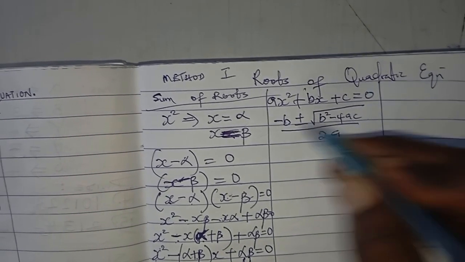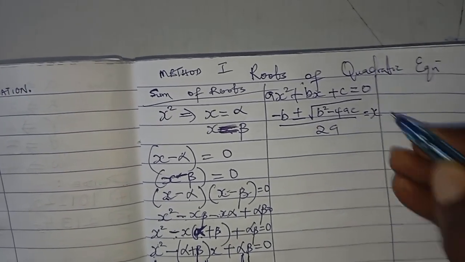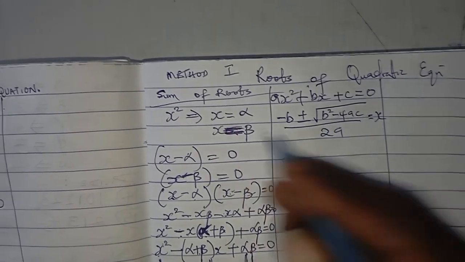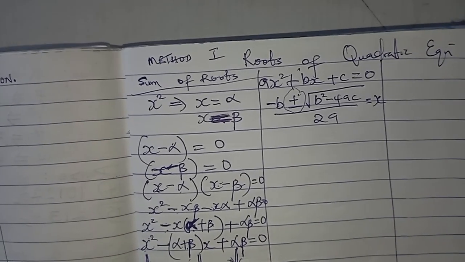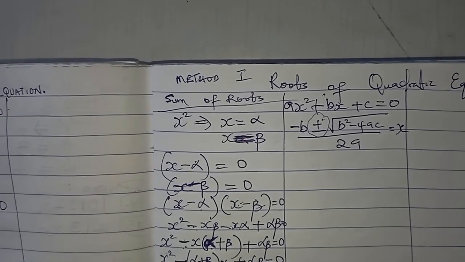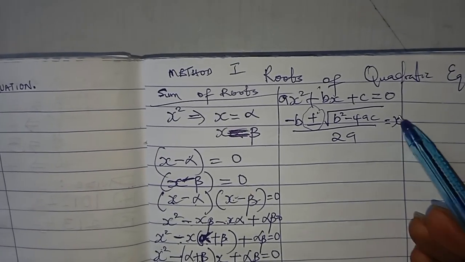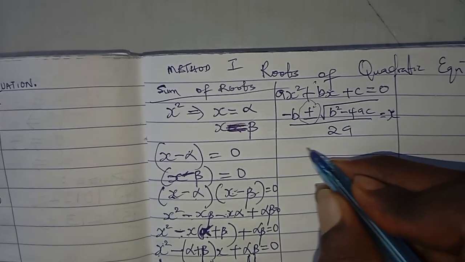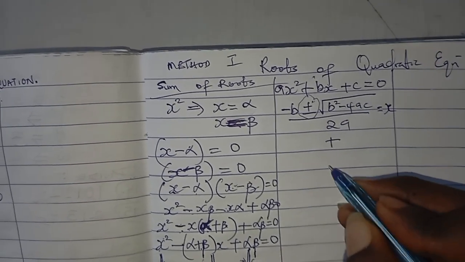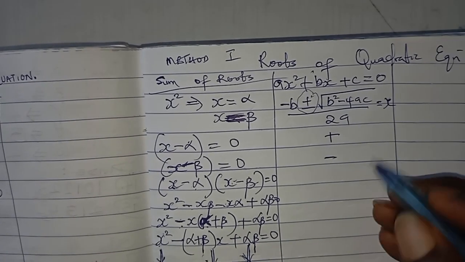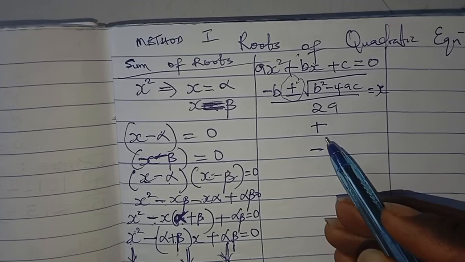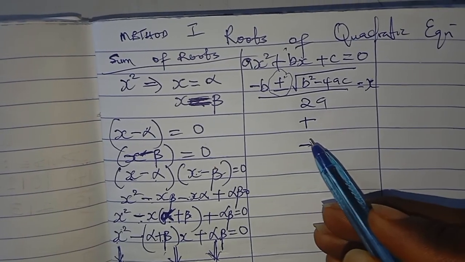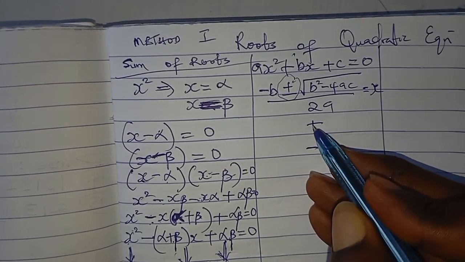So we normally say that x is equal to this. The plus or minus that you see here shows that since it's a quadratic equation, whatever you are solving for x will be in 2 parts, when it's positive and when it's negative. So in this case where we are talking about alpha and beta, the roots of an equation simply means the solution of an equation will always be 2, the positive part and the negative part.